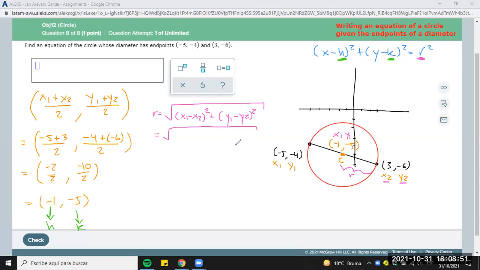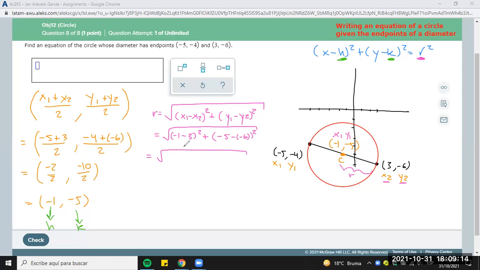Substitute, and we will have minus 1 minus 3 squared plus minus 5 minus 6. Be careful with this one. I'm going to write it like this. Oh, I'm missing one parenthesis. Yeah. So be careful with that one.